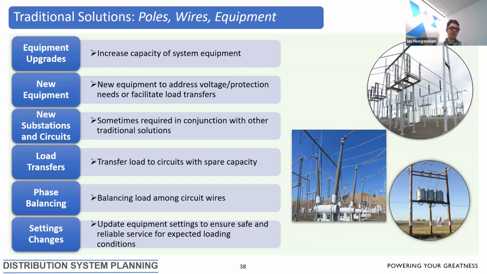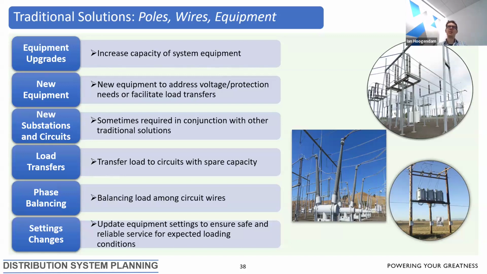Some of the more cost-effective solutions that we have are load transfers, phase balancing, or load balancing, and settings adjustments. Load transfers involve moving customers from an overloaded circuit onto an adjacent circuit that has available capacity.